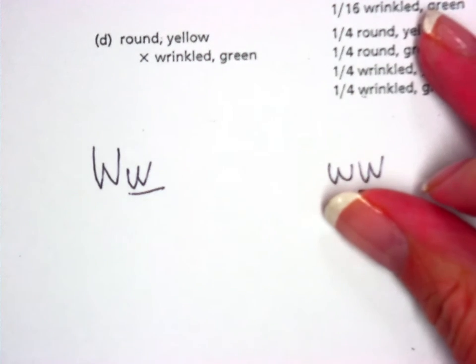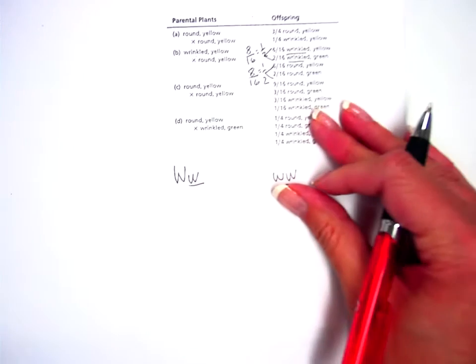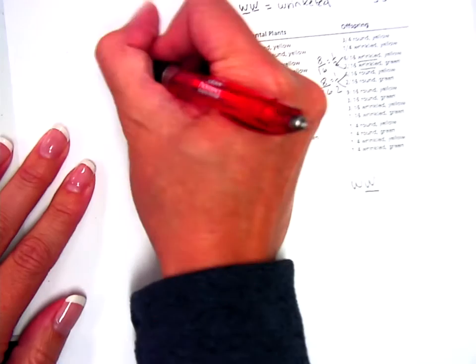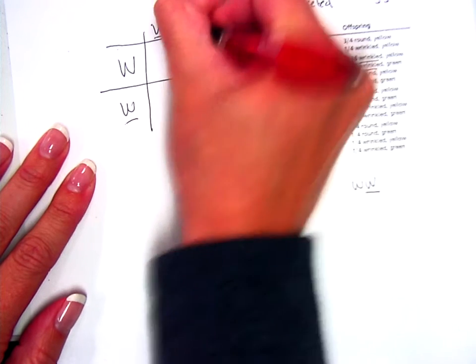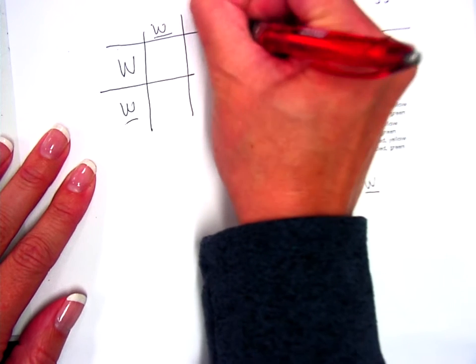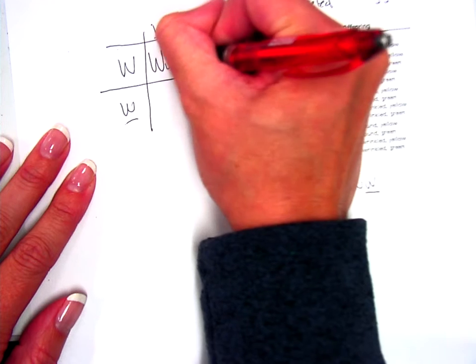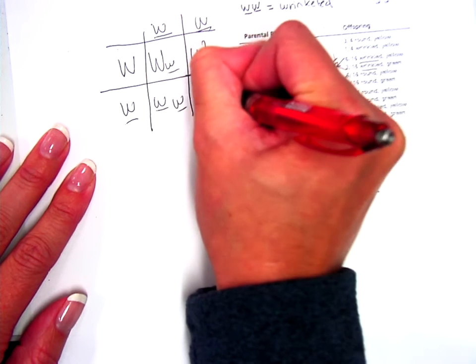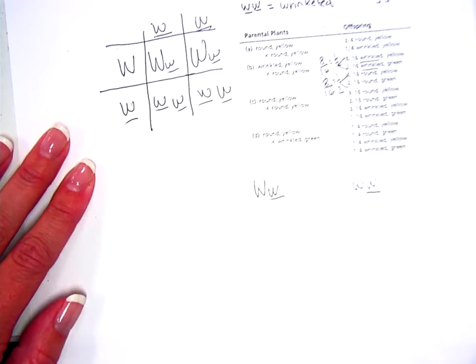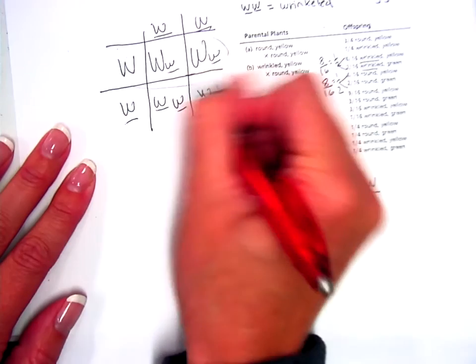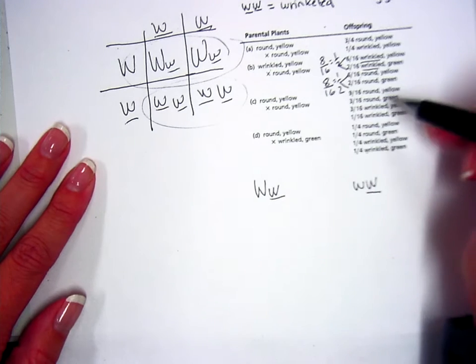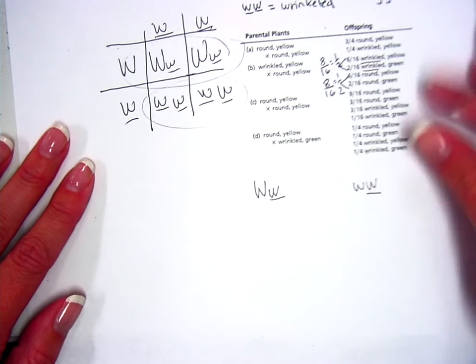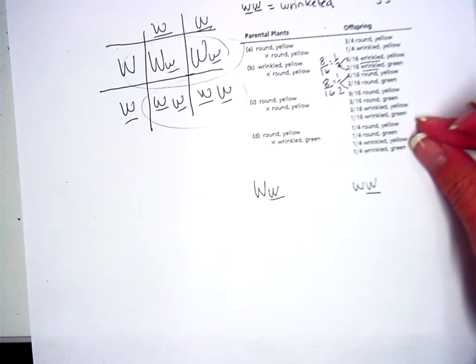Because if we were to cross those two parents, we were going to say big W, little w crossed with little w, little w, what do you get? You get half of them that are round and half of them that are wrinkled. Okay, so we worked it out for the round and wrinkled trait. Now let's check out being yellow and green.